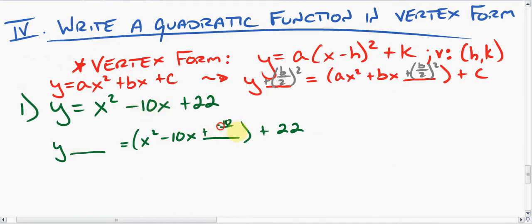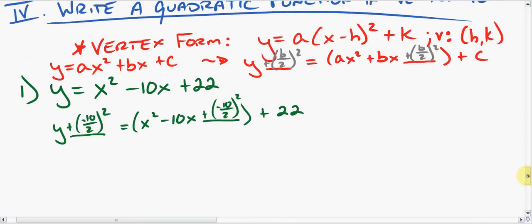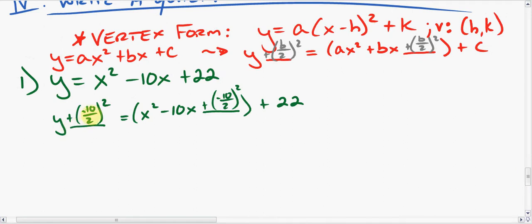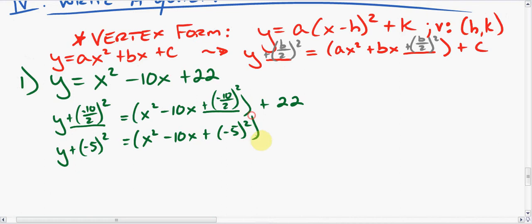We're going to add negative 10 over 2 squared here and negative 10 over 2 squared here. Negative 10 over 2 is going to give us negative 5 squared. And we've got x squared minus 10x plus negative 5 squared plus 22.